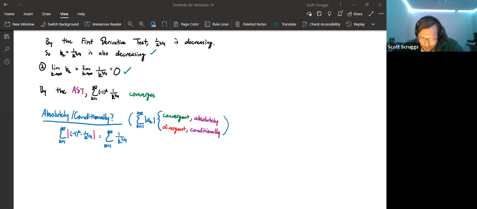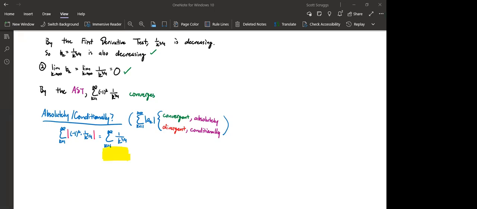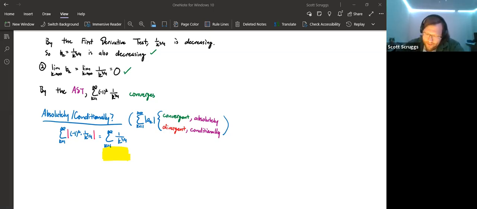And now we need to check if that series converges or diverges. Diverges by p-series, right? Yep. What's my p in this case? 3/4. Bingo.